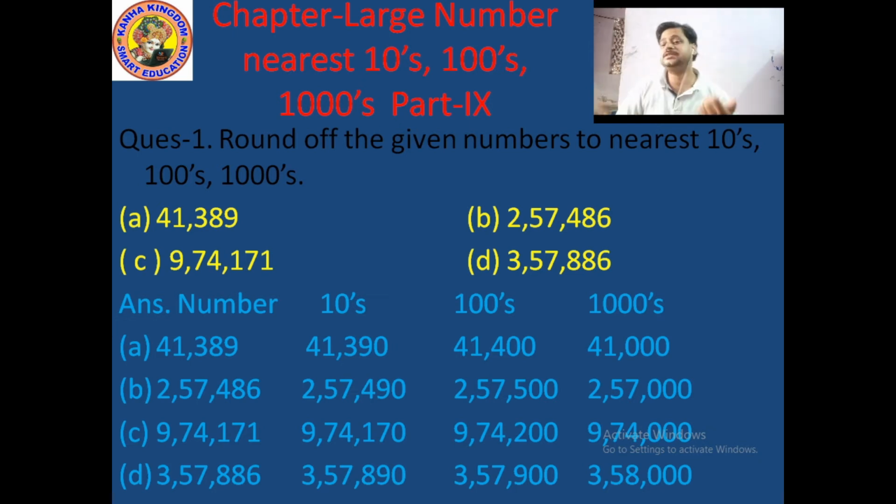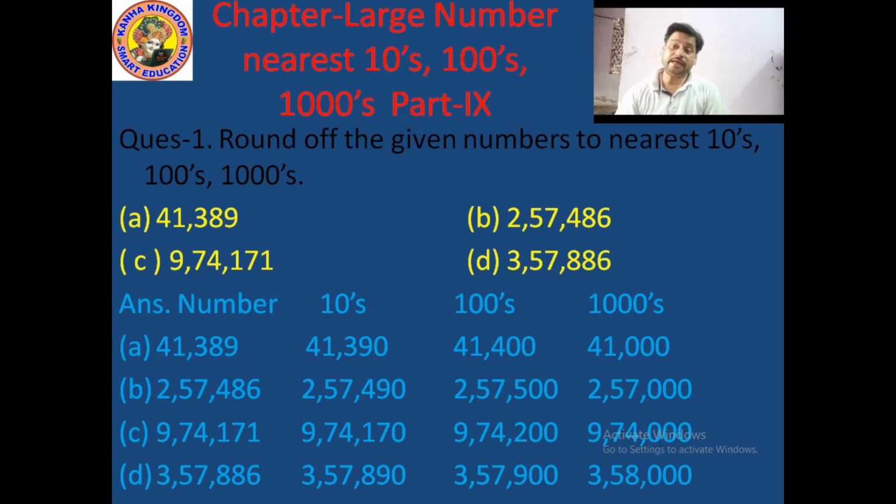When 4 is less than 5, nothing you have to change in the 1000 place. Means the exact answer of this part is 2,57,000. Clear? Can I explain another? Okay, I will explain another part of this question.